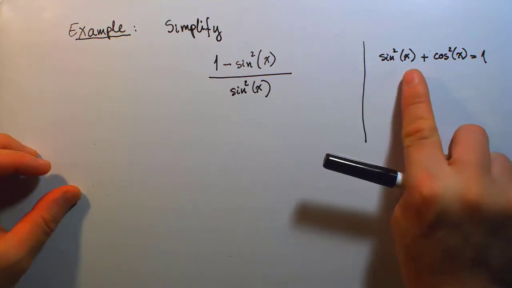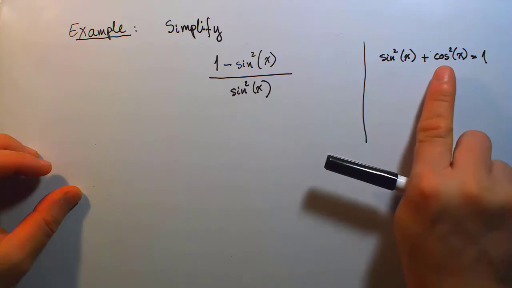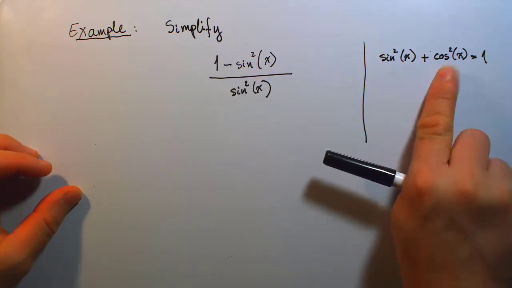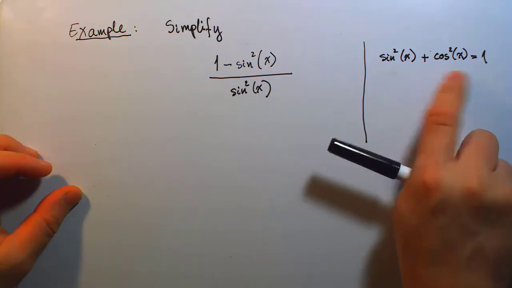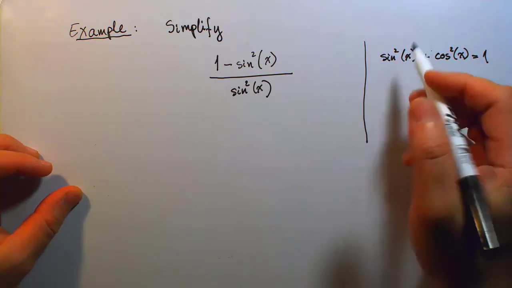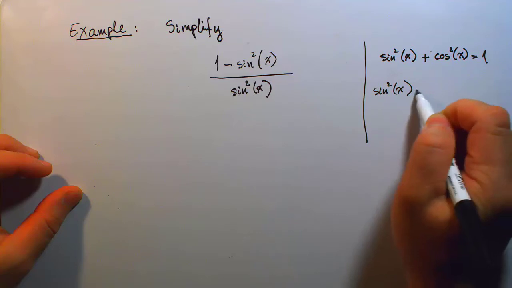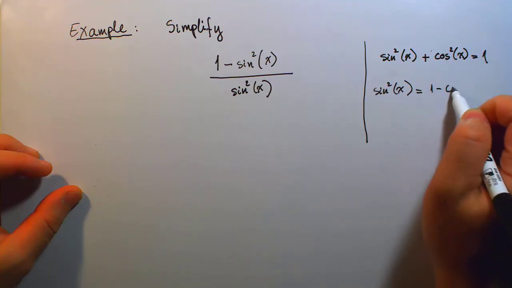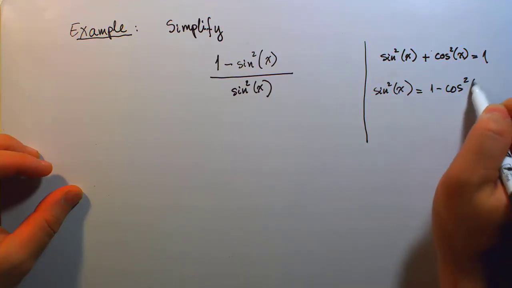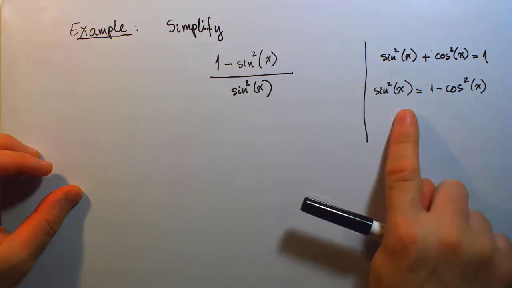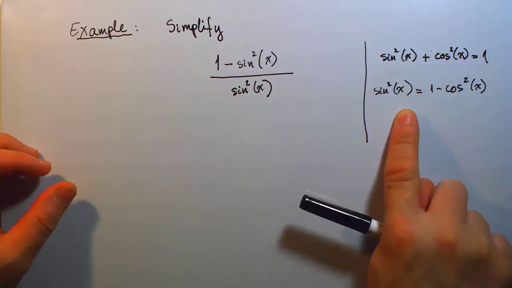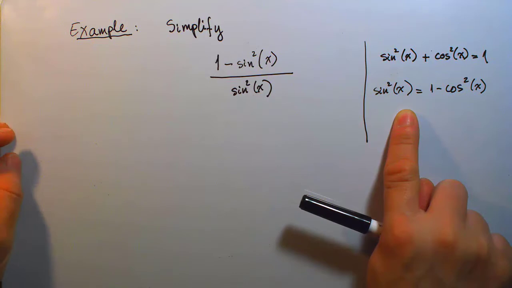So this is what we consequently end up with right here: sine square of x equals 1 minus cosine square of x. And this is actually a little identity as well, quite commonly used out there.